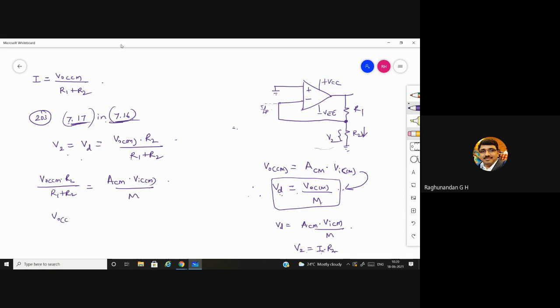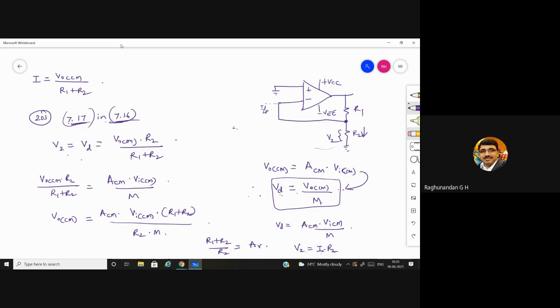So V0 CM is equal to ACM into VI of CM into R1 plus R2 divided by R2 into M. Already we know R1 plus R2 by R2 is the gain.